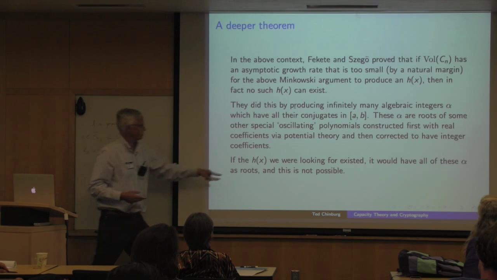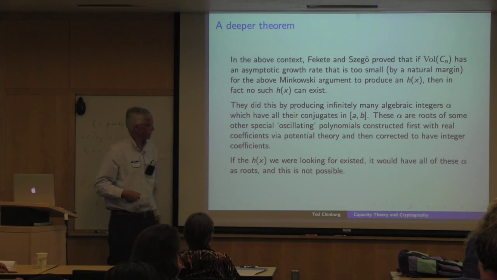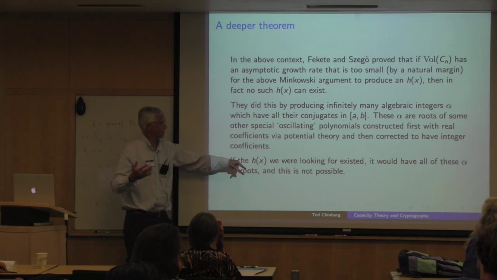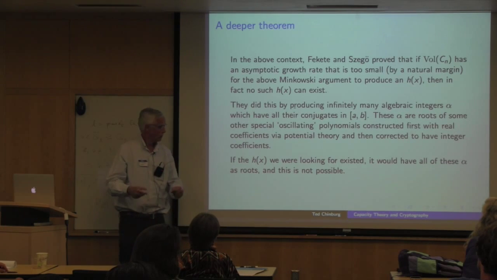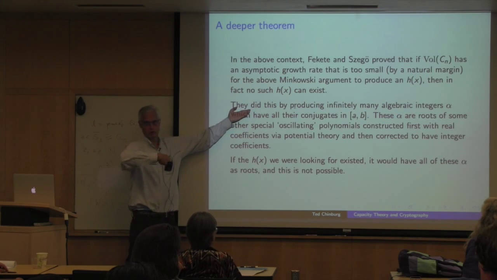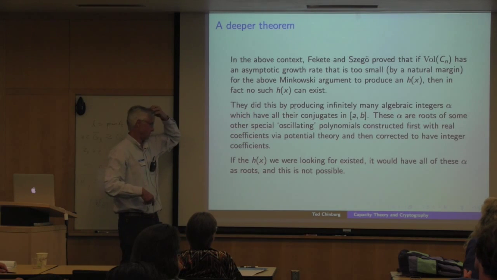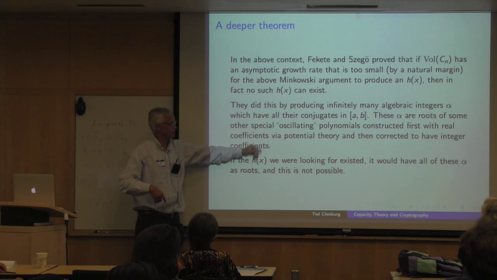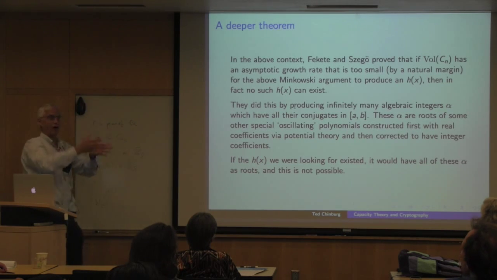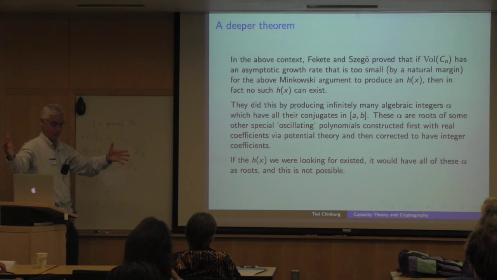Now, if you had a function h that was actually a polynomial with integer coefficients that had sup norm less than 1 on the interval, evaluate it on one of these algebraic integers that has all those conjugates. Well, h on each of the conjugates then would have absolute value less than 1. So when you take the product of h over the conjugates, the absolute value of that is less than 1.